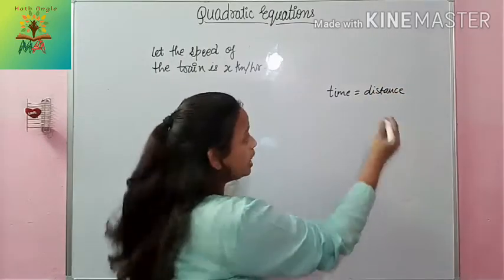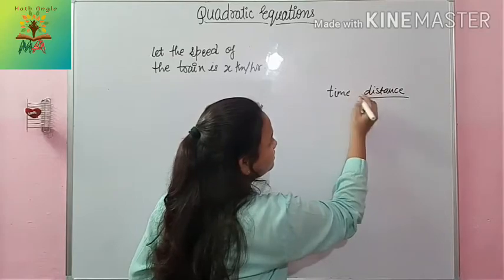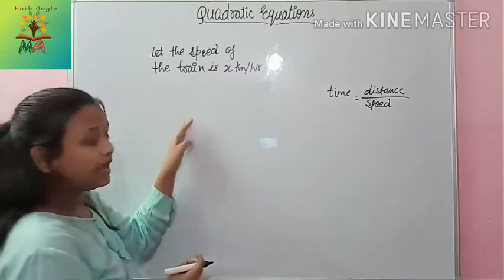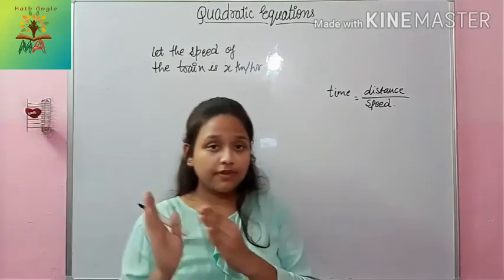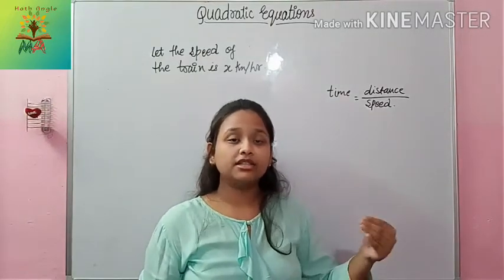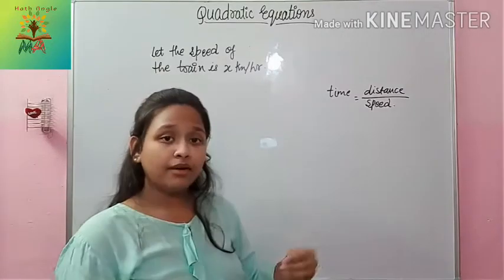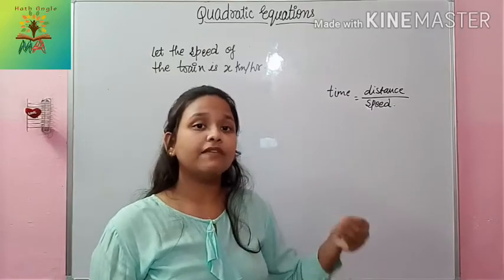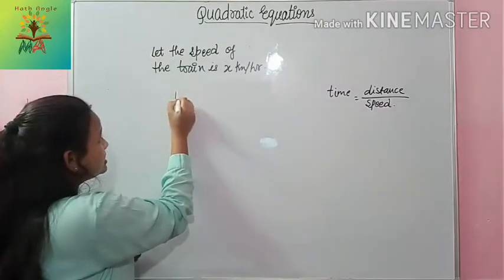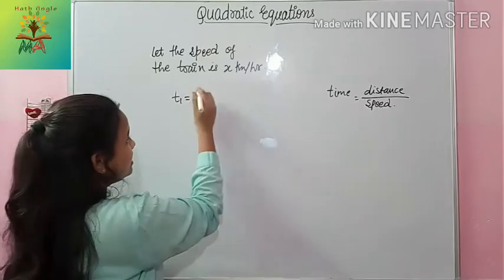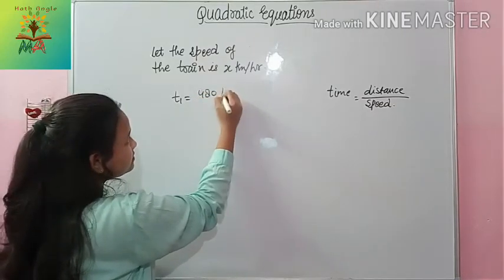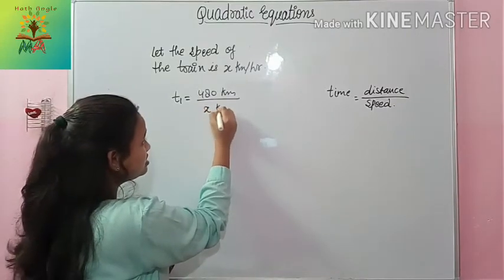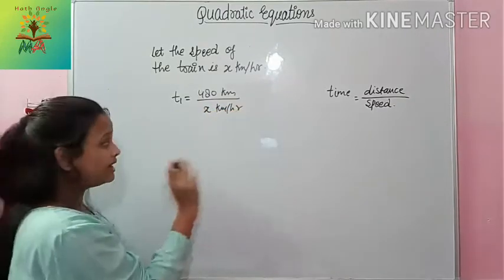This is the basic formula you studied very early. So first we will calculate the time taken by the train when it travels the distance of 480 km with the speed of x kilometers per hour, which is t1 equals distance, here 480 kilometers, upon the speed, here x kilometers per hour.